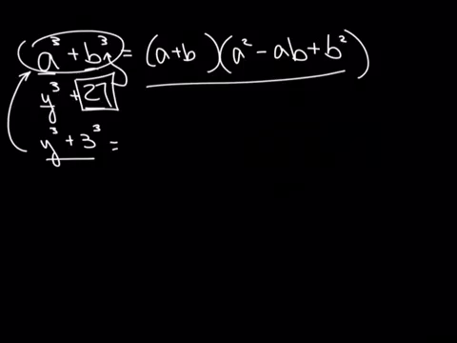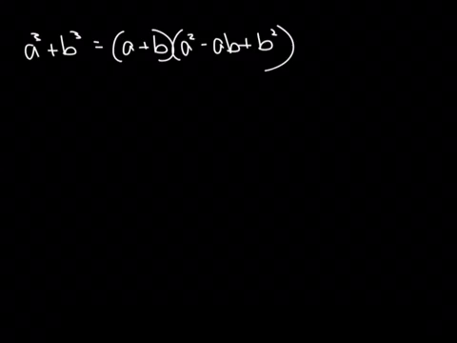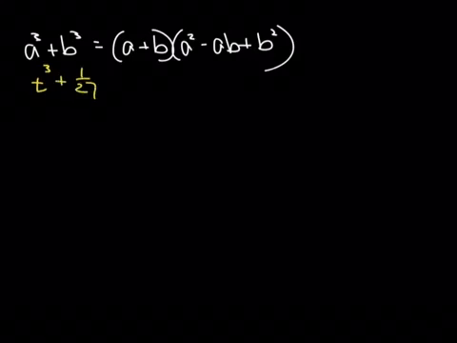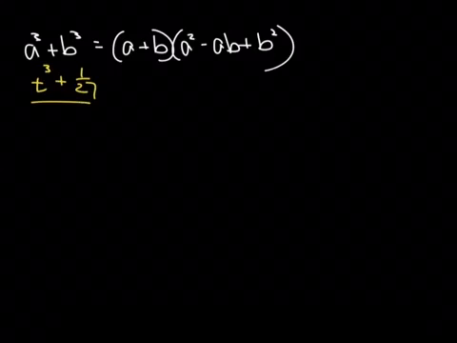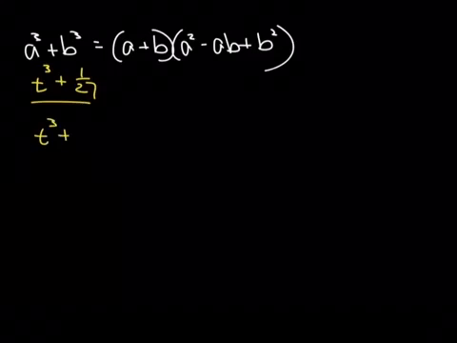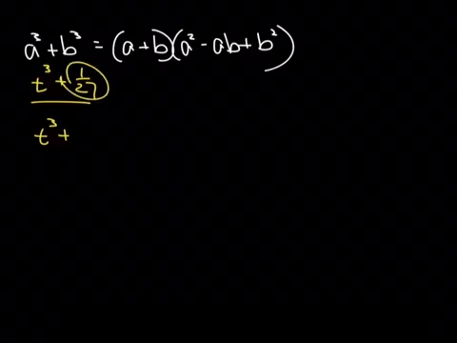And we'll try one more here. Let me put the formula back up here, so I'm going to pause. So let's look at t cubed plus 1 over 27. Alright, so again, first thing we're going to do is rewrite this. Something times something times something is going to give me 1 over 27.